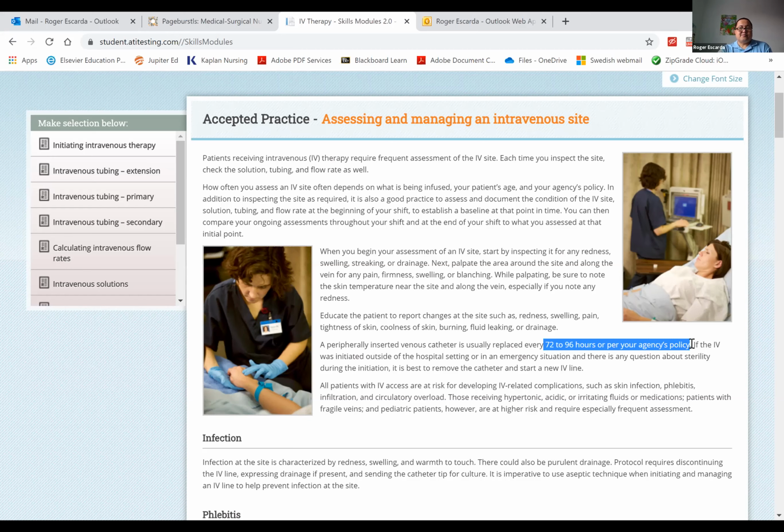Most facilities have a 3-day, 72-hour policy. However, for those who use stat locks, they have a 96-hour policy, meaning as long as the IV site is good, it's working, it's patent, then it can stay up 3 to 4 days on the patient.